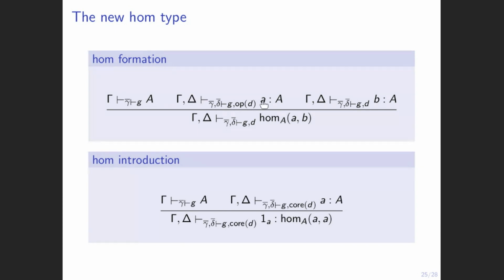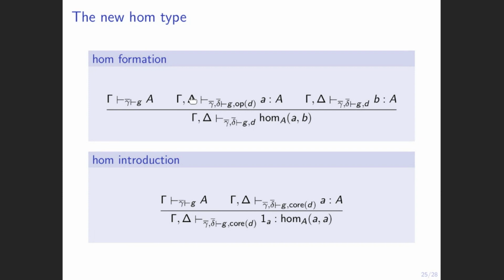We want the variables from delta being used in an opposite way to how they're being used to derive B. So maybe it makes more sense to say delta is A and A and B and B.